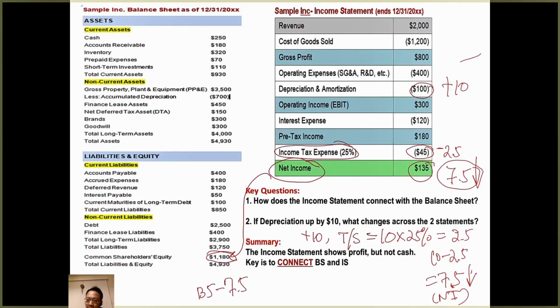Of course this will also affect cash, because it will impact CFO and everything else, which we'll discuss later. But for now, the direct impact is because it flows directly to our retained earnings, which is part of equity. So our retained earnings also won't increase by 135 as much, but should be 135 minus $7.50.